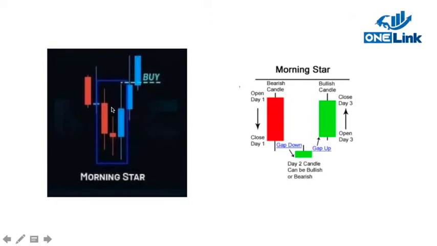As I told you, this morning star happens at the support. A morning star will never happen at the resistance; it will happen in the support zone. If in the support zone you can find this kind of candlestick formation, that can be a good entry, and just wait for the confirmation.